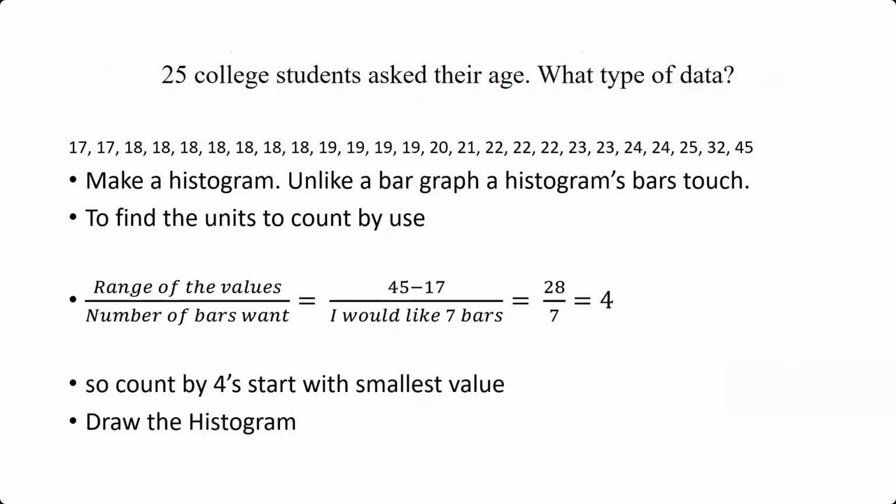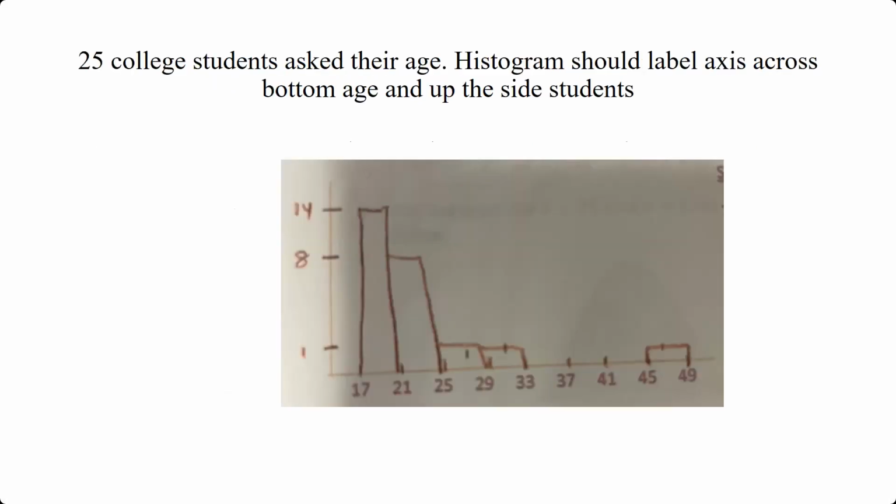It goes from 17 up to, but not including 21. 1, 2, 3, 4, 5, 6, 7, 8, 9, 10, 11, 12, 13, 14. There's 14 of them before the 21. And so that's why from 17 to 21, it goes up to 14.